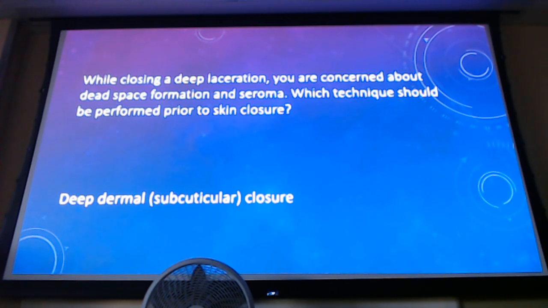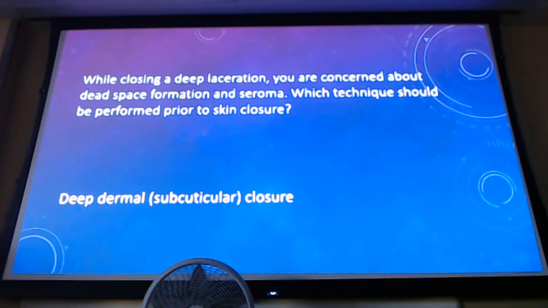Absorbable, and what? There's two different ways that you can do absorbable, right? These are deep dermal. I want the superficial ones. I heard buried, sure. What's the name? Remember the running subcutaneous stitch?